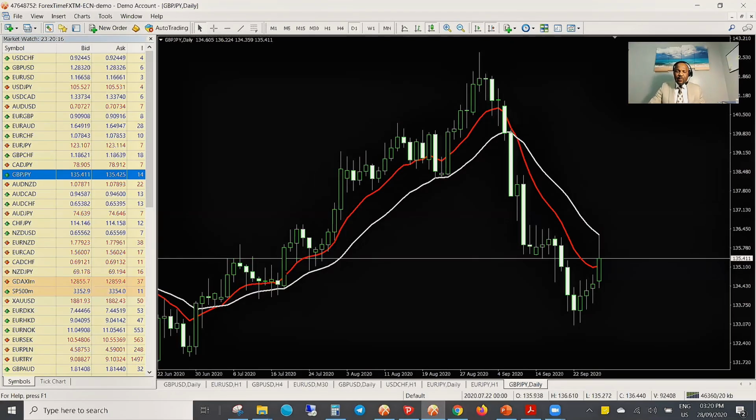Are you following? But look at the interesting thing: look at the waves that were forming. There's a down wave, and this one even came back to touch the moving average.